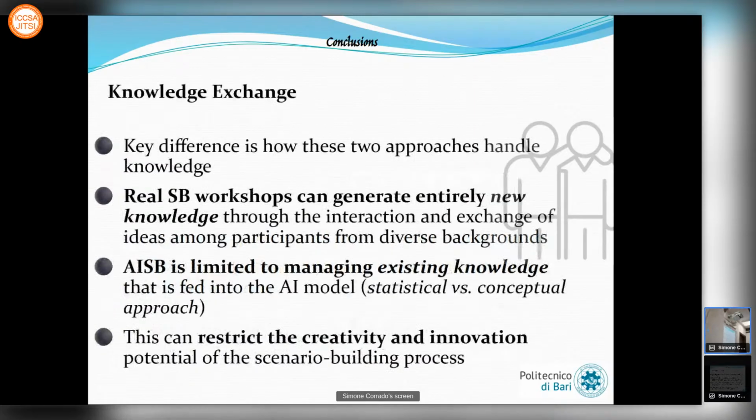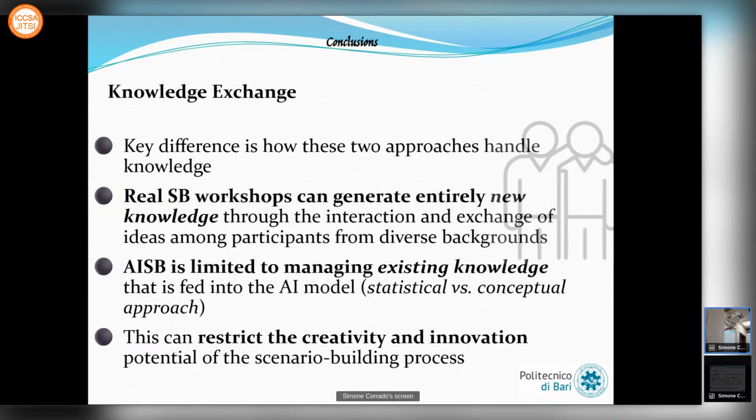On the issue of knowledge, AI just manages existing knowledge. It is, let's say, a statistical approach. So it just takes documents and carries out some synthesis. Instead, when you gather people and have them deal with these issues, they generate new knowledge.